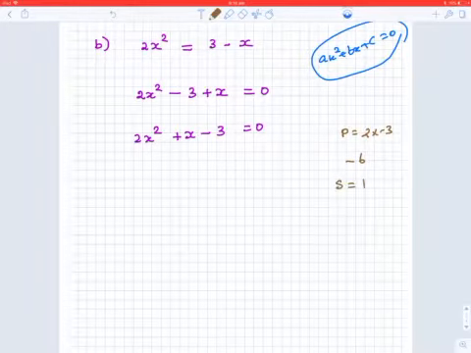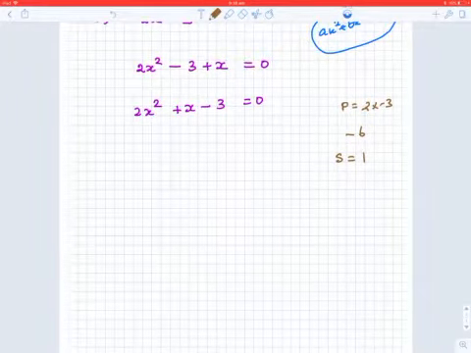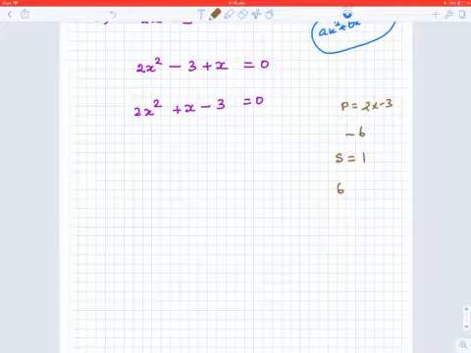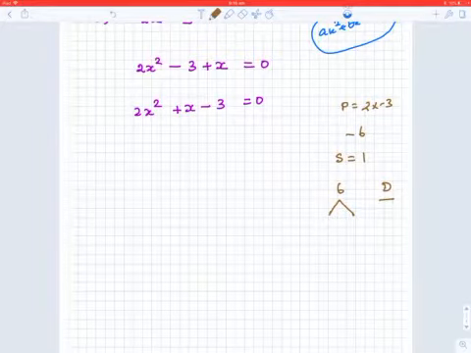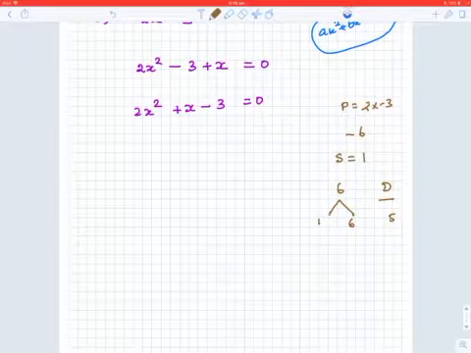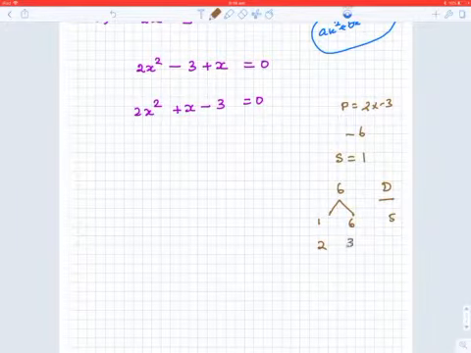Now we are going to do the product part. The product is 2 times minus 3, which is minus 6, and the sum is 1. So now when I say minus 6, I have to find two numbers that multiply to give you 6 and have a difference of 1.